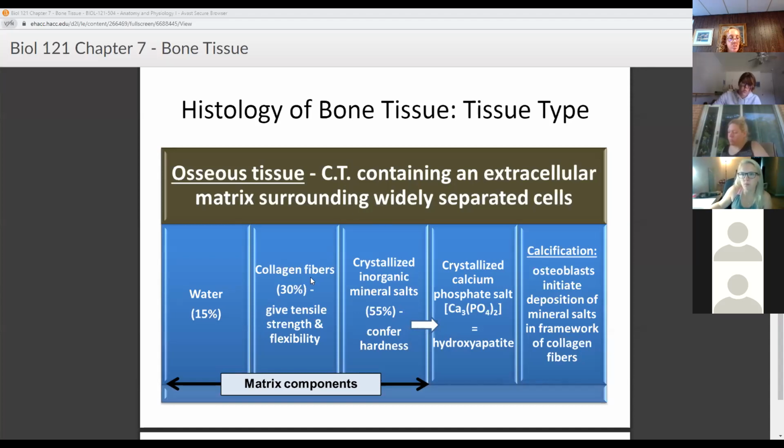The matrix components are 15% water, 30% collagen, and 55% crystallized inorganic mineral salts.